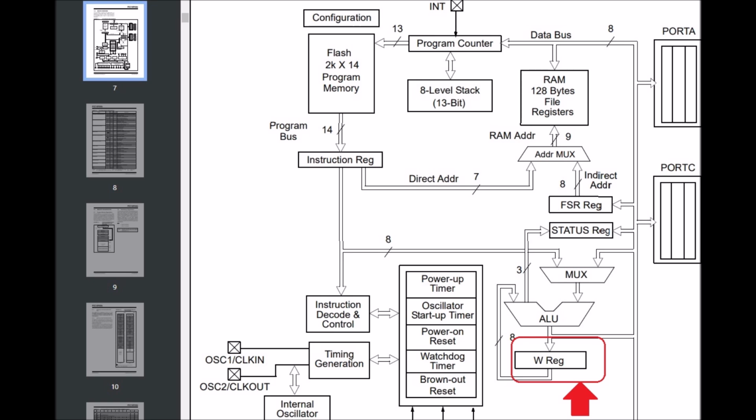It serves as a primary operand source and destination for the ALU, facilitating efficient data manipulation and processing within the microcontroller. The WREGE's integration in the block diagram highlights its central role in executing instructions and performing various operations that are fundamental to the microcontroller's functionality.